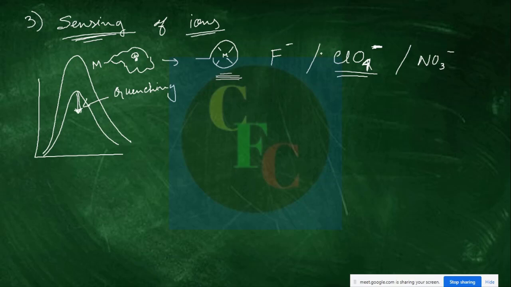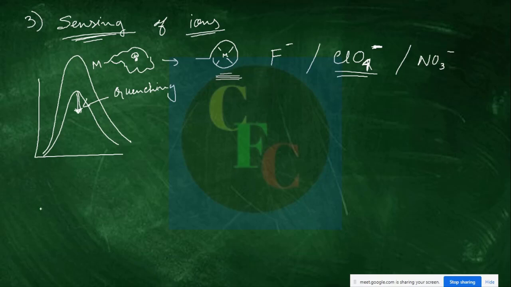Now you can also detect cations, but cation detection is more difficult than anion detection. But this is one of the major uses of the fluorescence spectrometer in analytical chemistry, and in forensic science also this sensing is used very much.